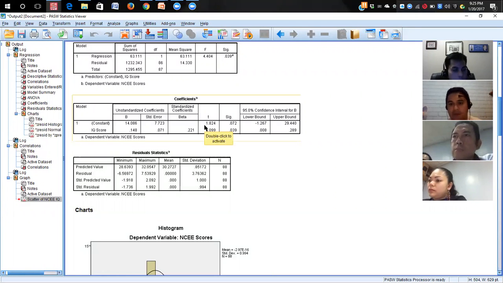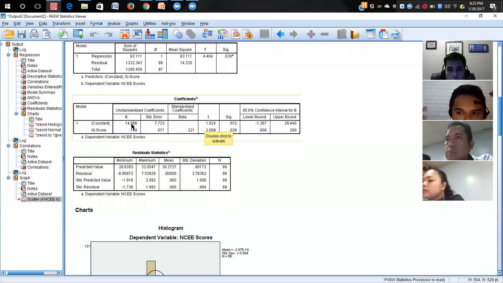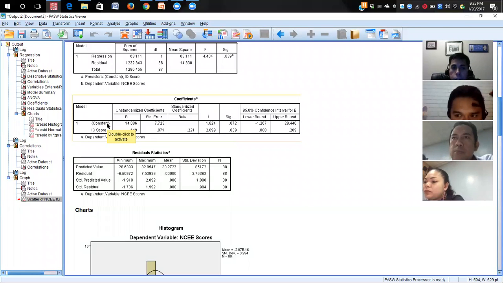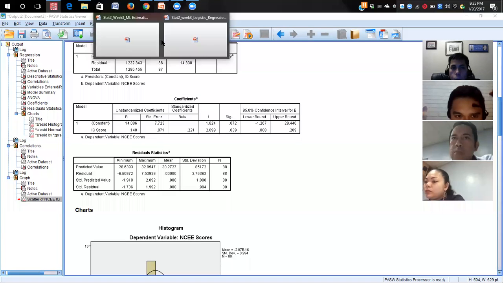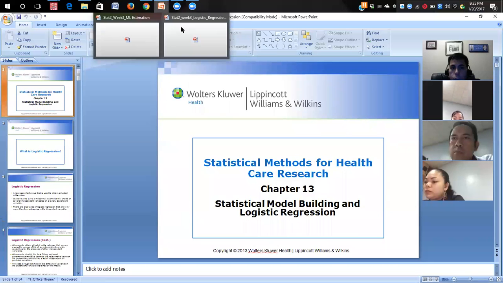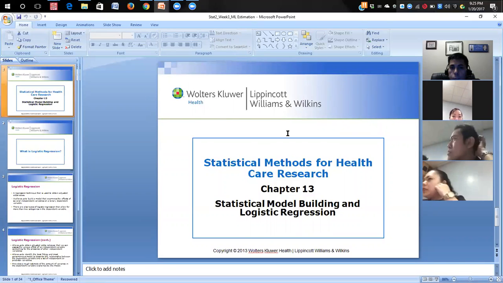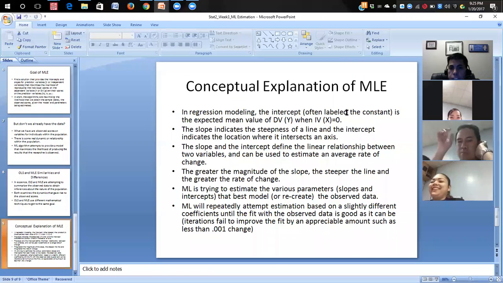The value of our doing regression is that we can look at what would be the value of the dependent variable if our independent variable is zero, or our constant, which is what the intercept, or what we call the constant, is when the independent variable is zero.